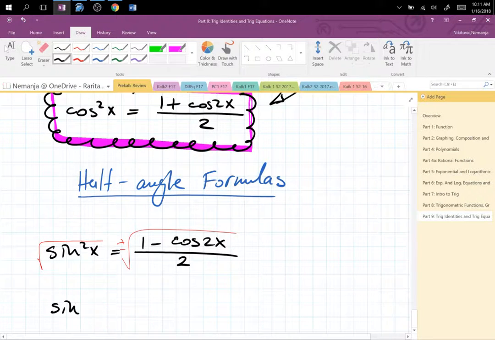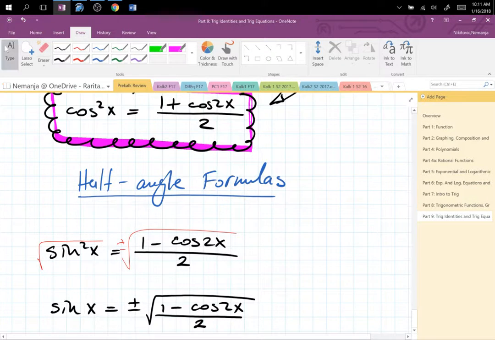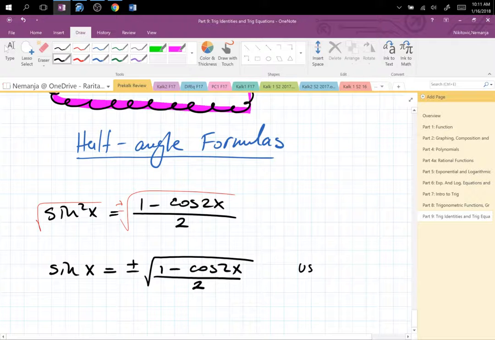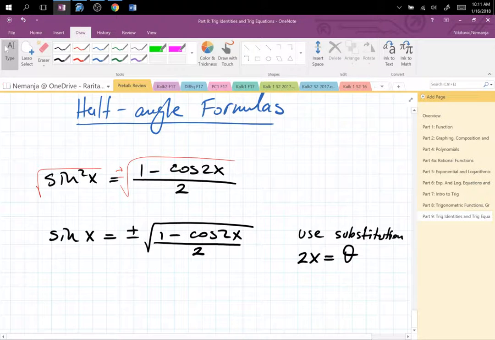So now I have that sine x is equal to plus minus square root of 1 minus cosine 2x over 2. And now we use substitution. 2x equals, let's say, theta or whatever. So if 2x is equal to theta, then x is equal to theta over 2.